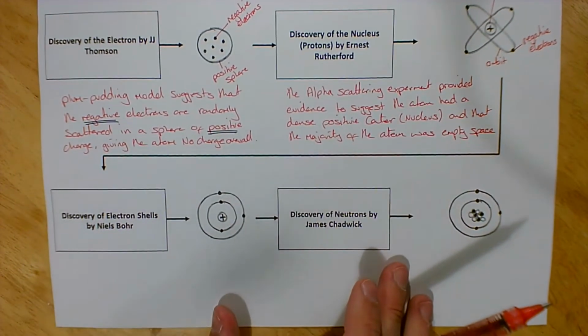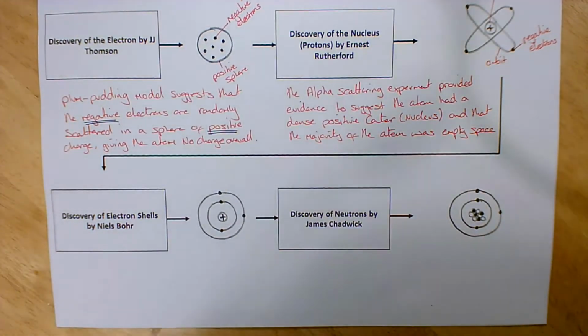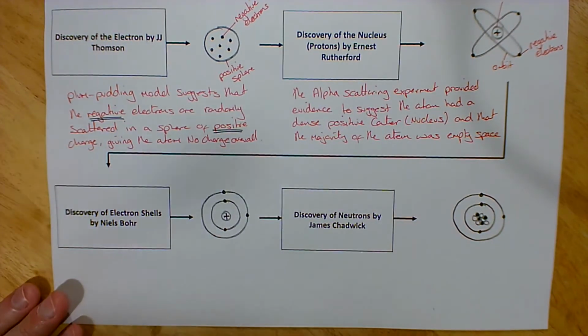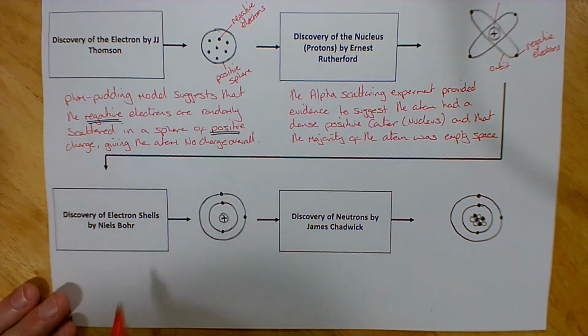Now, later on, Niels Bohr discovered that these electrons didn't just randomly orbit the nucleus. Actually, they existed in energy levels, which we now call shells.